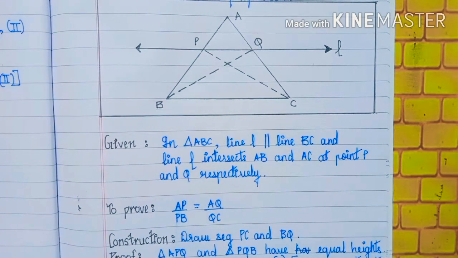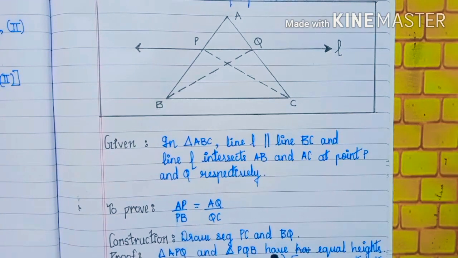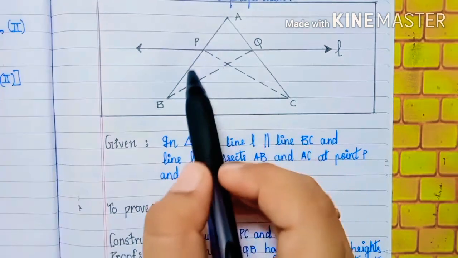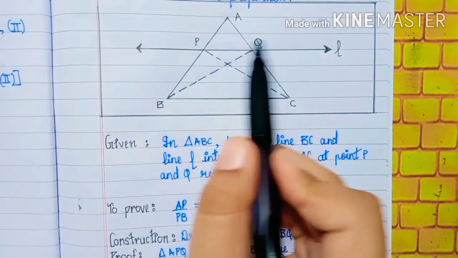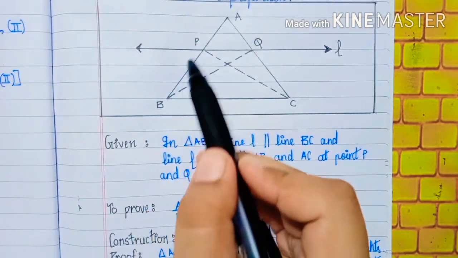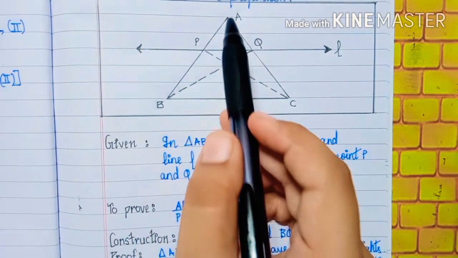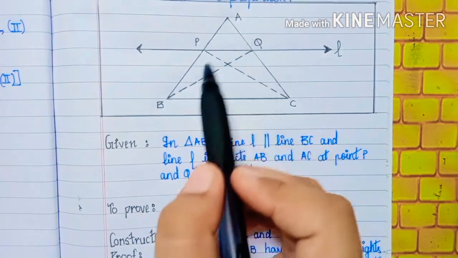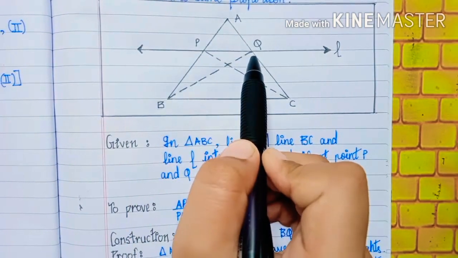In the proof, it says that triangle APQ and triangle PQB have equal heights. The height of triangle APQ is PQ and the height of triangle PQB is PQ again. That is why they tell us that triangle APQ and triangle PQB have equal heights, that is PQ.